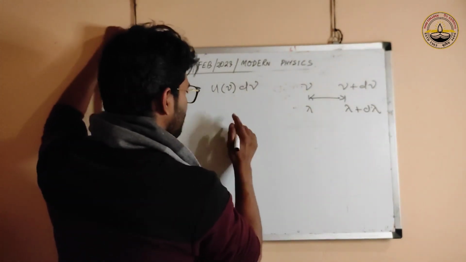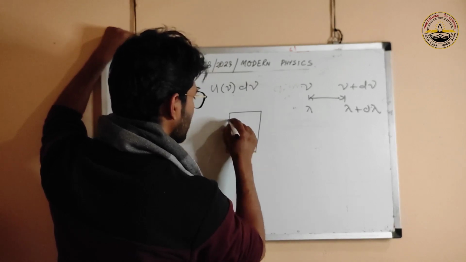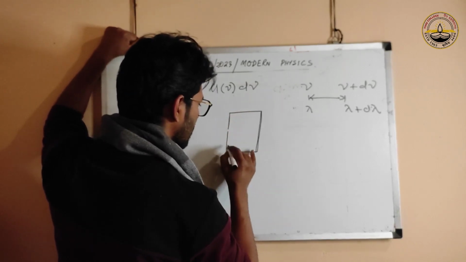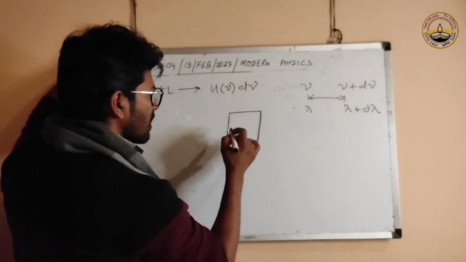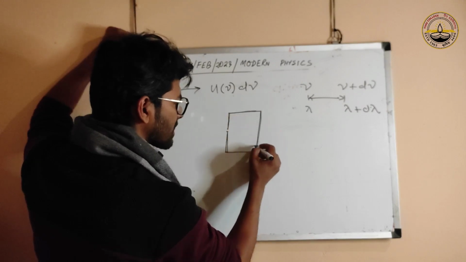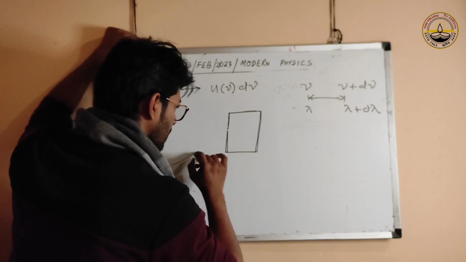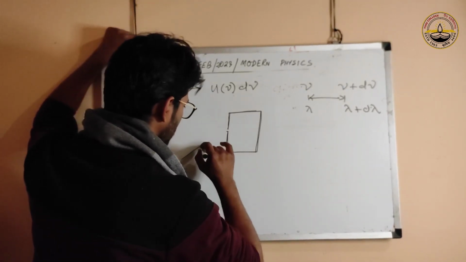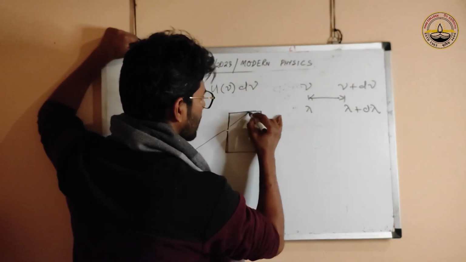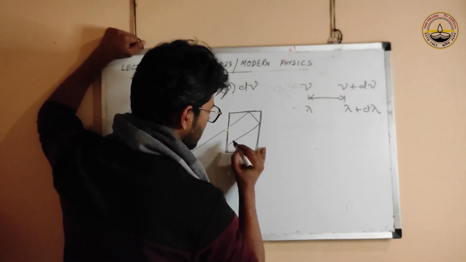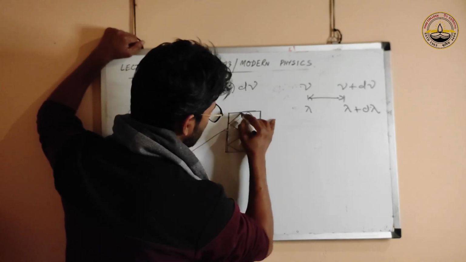In order to do that, first thing we need to understand is one. The black body can be approximated by a cavity with a small hole, small opening. The cavity has perfectly reflecting walls inside, okay? So if any electromagnetic wave, that is light, enters this hole, it starts getting reflected by the perfectly reflecting walls.